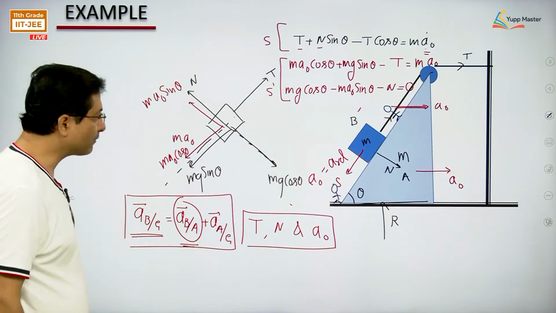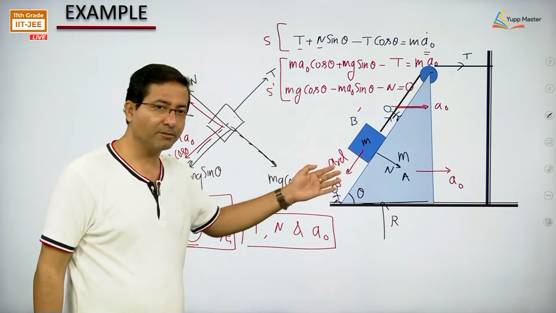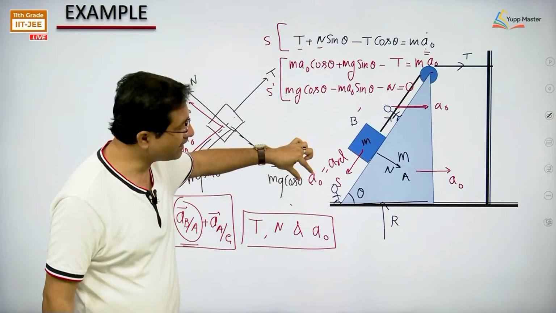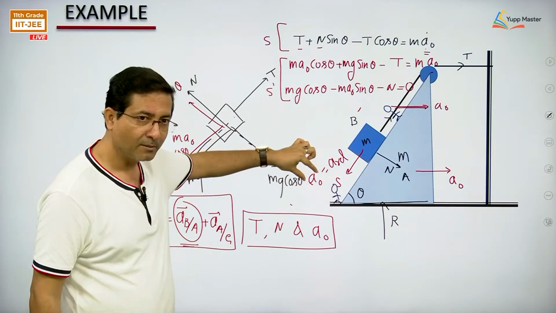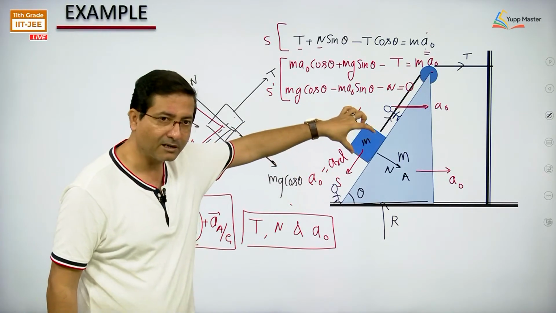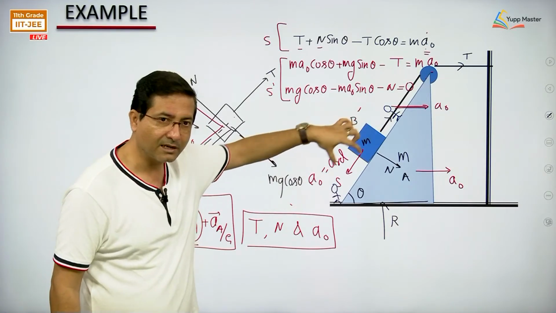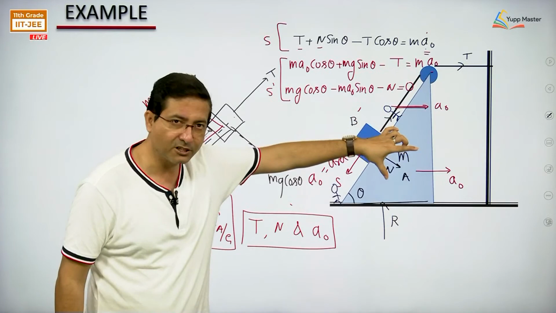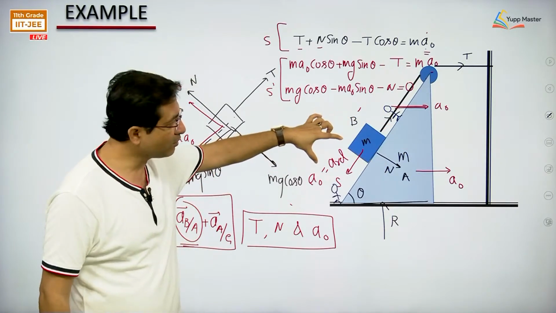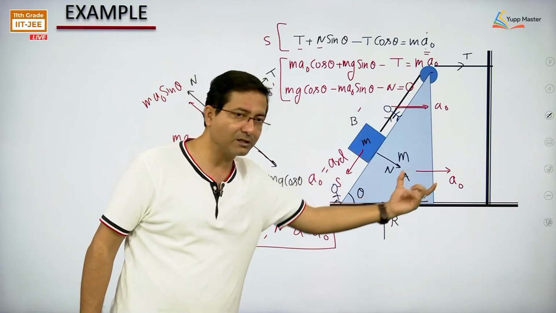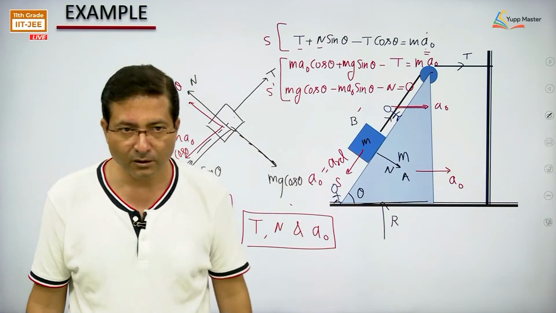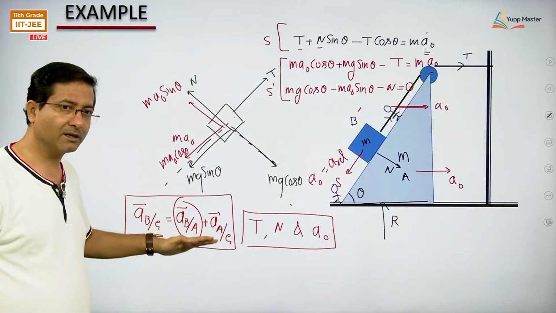So generally in hurry students commit mistake, they mark this as the answer, but generally acceleration of the block will be asked with respect to ground. So this acceleration is with respect to wedge. With respect to ground, you need to add acceleration of wedge with respect to ground. So I hope this point is clear.